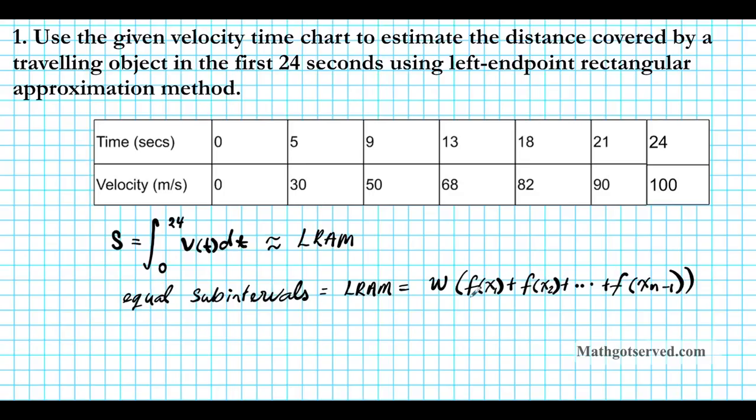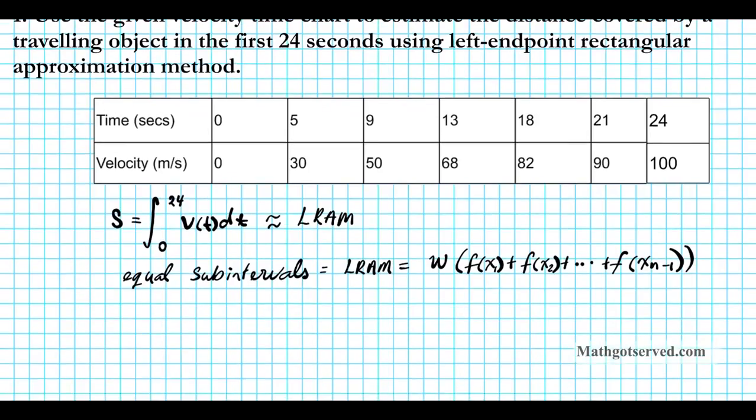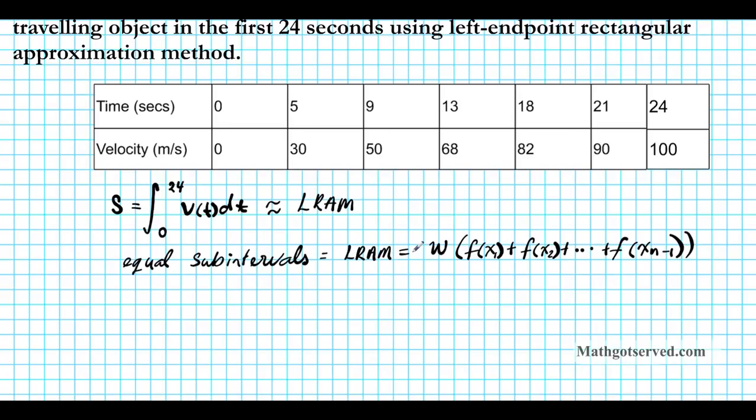So this is when you have equal subintervals. In this case, our widths are not equal, so we cannot use this formula. In order to determine our various widths, we're going to have to sketch the interval and compute what the widths are. In this formula with equal subintervals, you can simply compute W by finding the length of the interval divided by the number of equal subintervals that you're going to use.